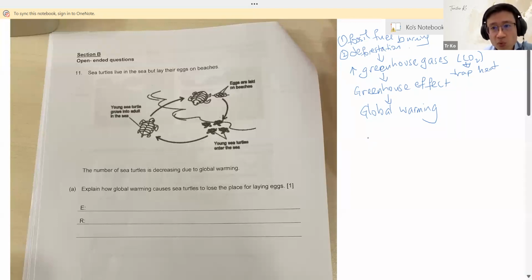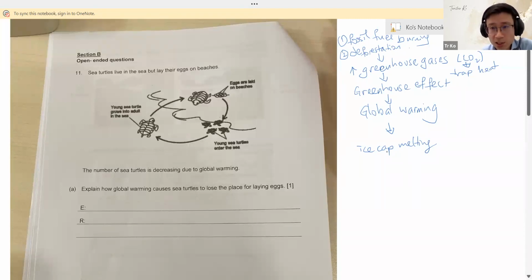And what happens when the temperature increases? Well, temperature increase will lead to the ice cap melting. Now, ice cap melting actually occurs mostly in the Arctic or Antarctica. But it's not such a concern in the Arctic, because the Arctic is all ice on water. But it's the Antarctica where the ice cap is on land, right?